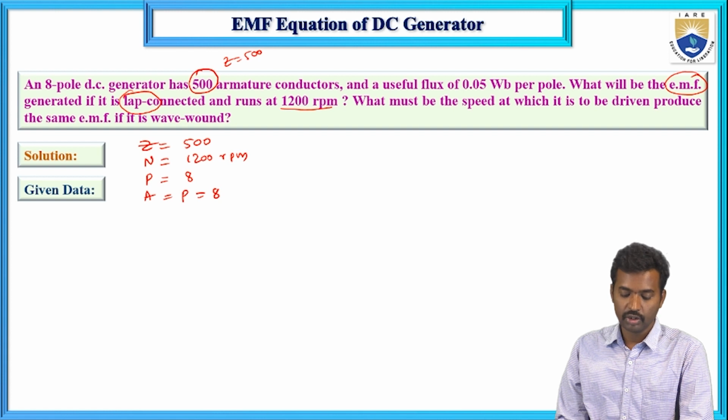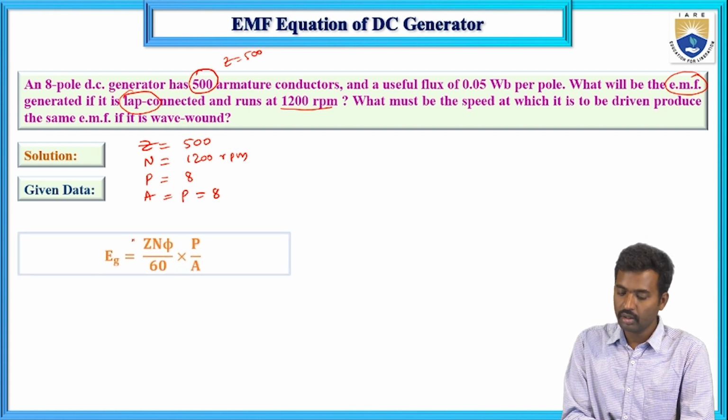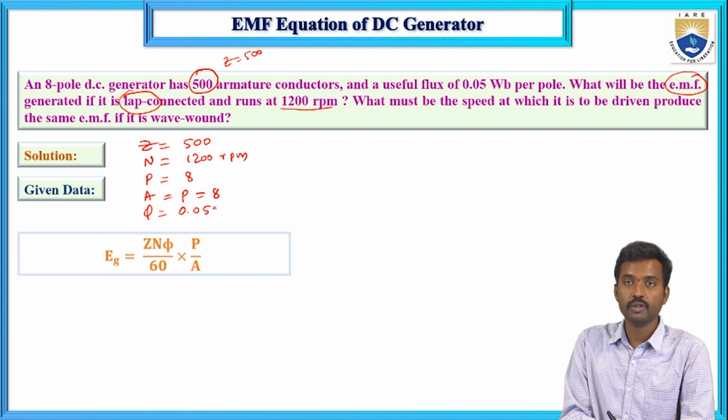Next, the formula Eg equals ZNφ by 60 into P by A, where the flux φ equals 0.05 webers flux per pole.